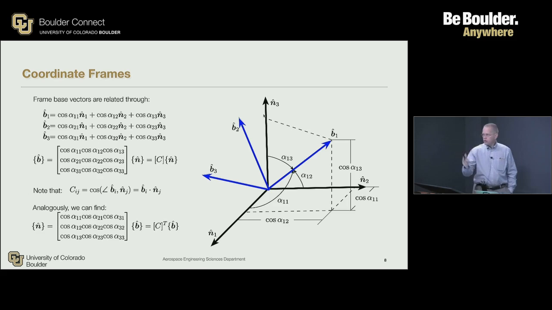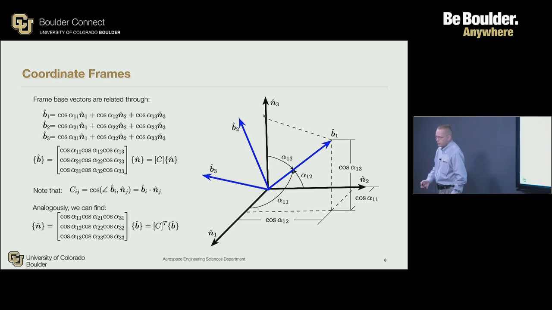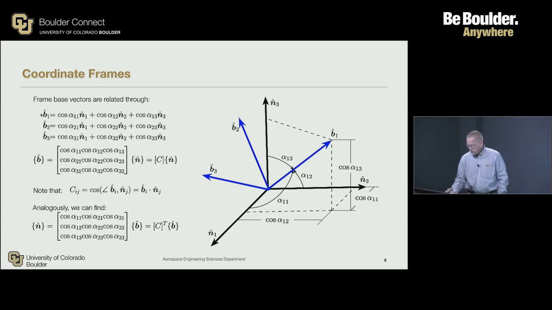So with those three projection angles, essentially direction cosines, that's where the name comes from, direction cosine angles, or direction cosine matrix in the end. You can write b1 in terms of the other frame for a general rotation, not just when they differ by one axis. And then for b2 and b3, it's really the same process, but instead of having 1,1 and 1,2, you have 2,1 and 2,2, or 3,1 and 3,2, and so forth.